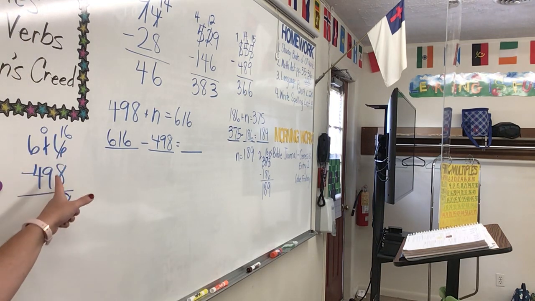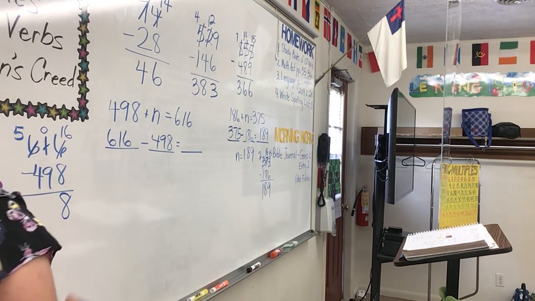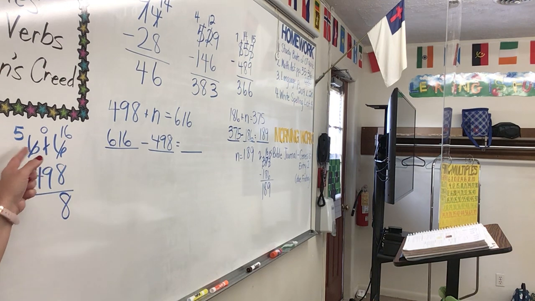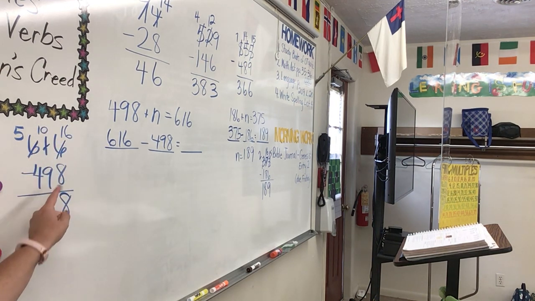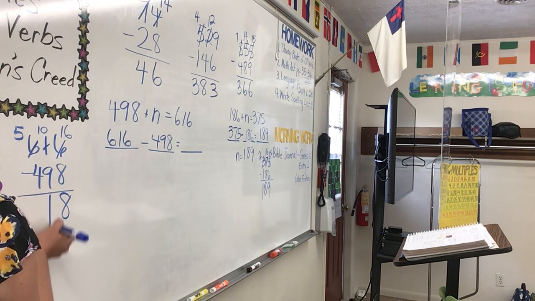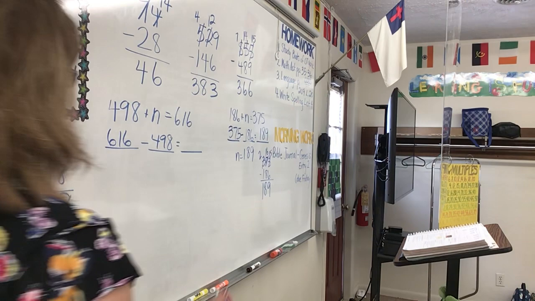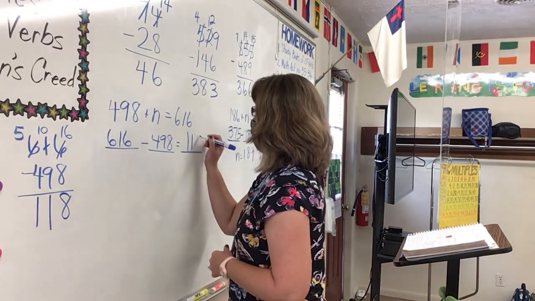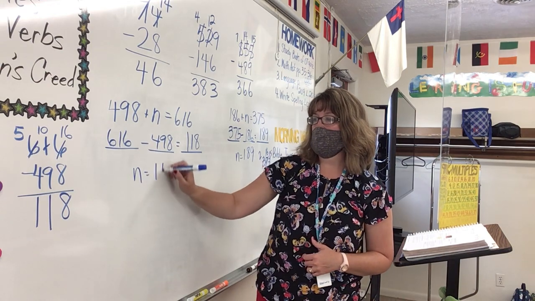Can't subtract 0 minus 9, so we need to borrow from the 6, and that becomes a 5. And then add a 1 in front of our 0. So 10 minus 9 is 1, and 5 minus 4 is 1. So I can fill in my answers here. 118, which means that n equals 118.